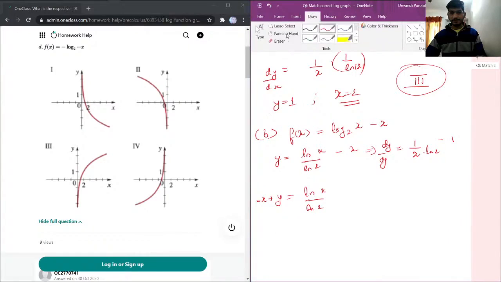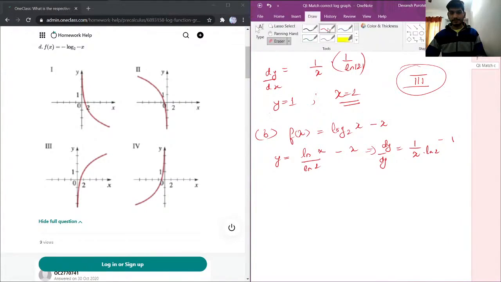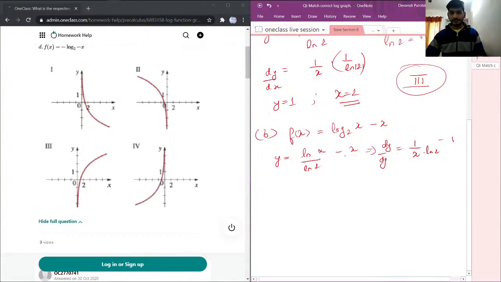I will not use the converted form. The converted form was only for taking the derivative. So with log of x with base 2, then my x is going to be 2 power y plus x.